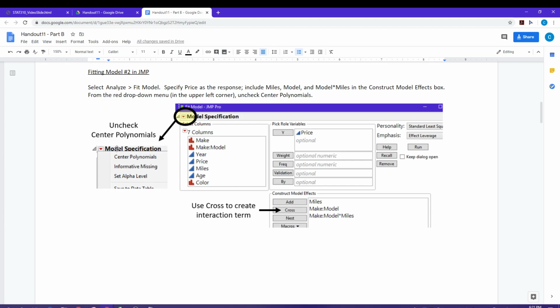The other thing that we often will do is, underneath this model specification dropdown, I can select or uncheck centered polynomials. So we'll talk about both sets of output. When centered polynomials is checked, you'll get a certain set of output, or when it's not checked, you'll get a different type of output. So I'll talk through that as well.